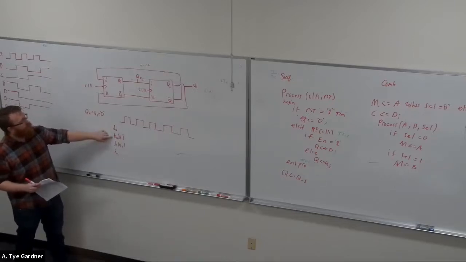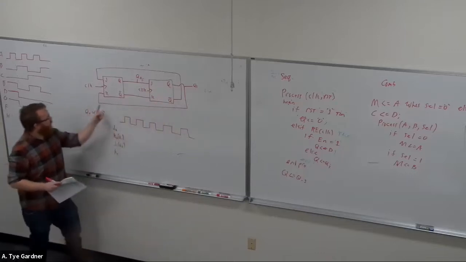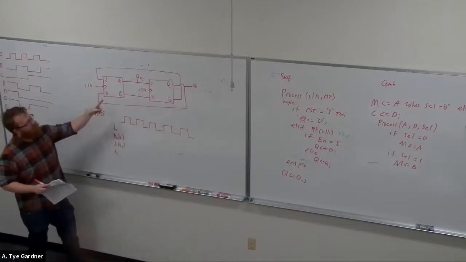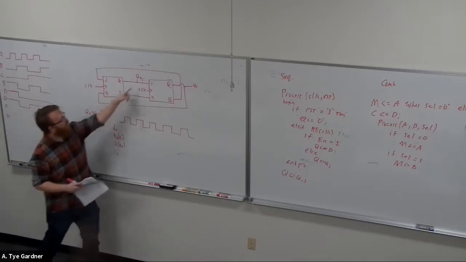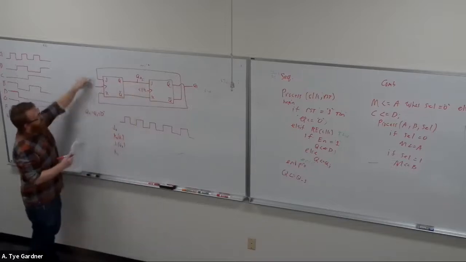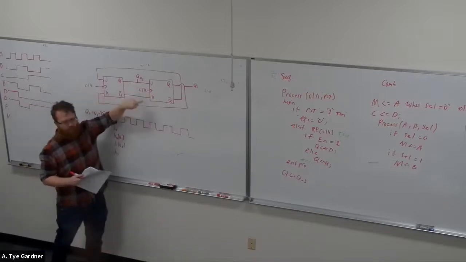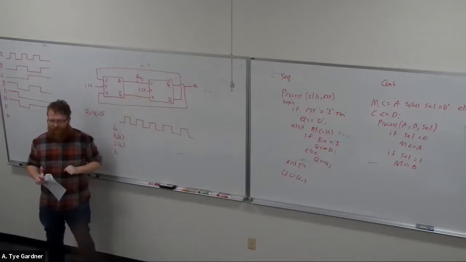K0 is Q1, because Q1 feeds back to K. The other one, J1, is Q0. So J0, K0, J1, K1 are the signals going into the flip-flops; finish the timing diagram.